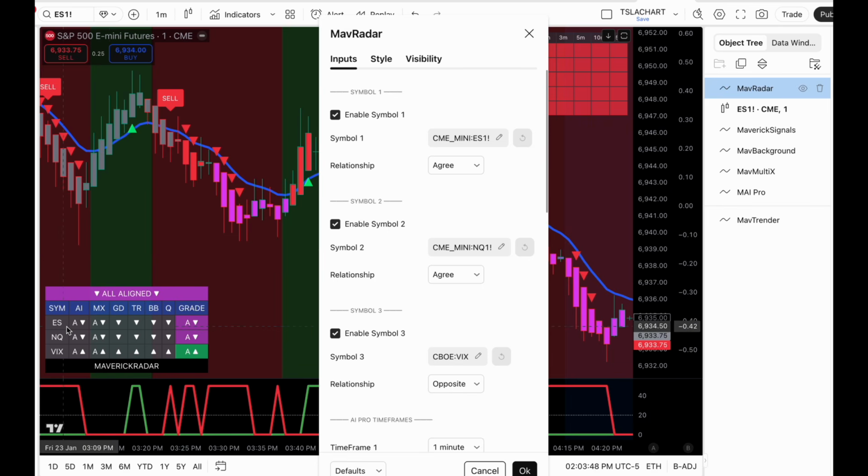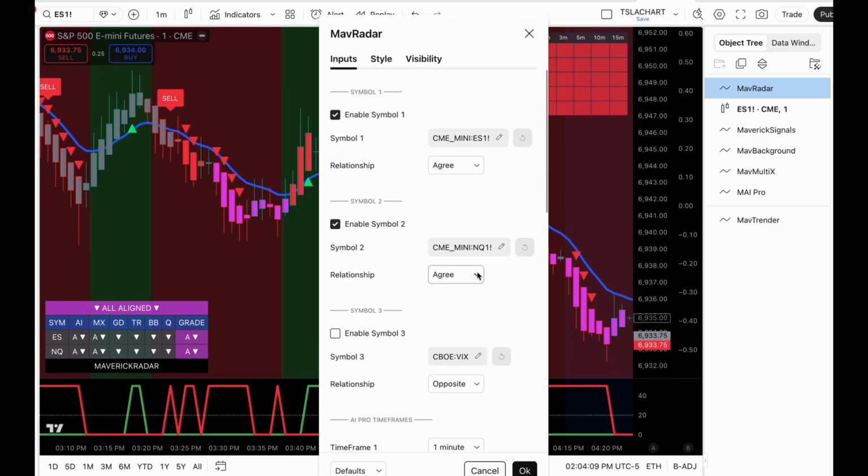But this is what's really cool. ES a lot of times runs in parallel with NQ, but the VIX runs opposite of those both. So what's cool is you can set these to agree, opposite, or none. Let's say I didn't want the VIX. Watch, VIX will disappear.